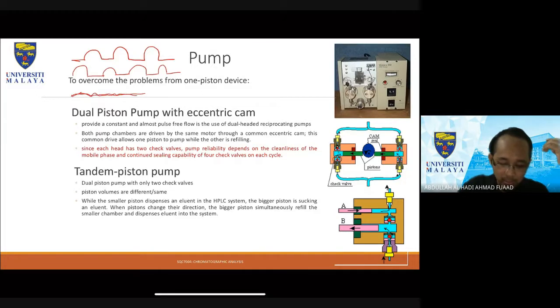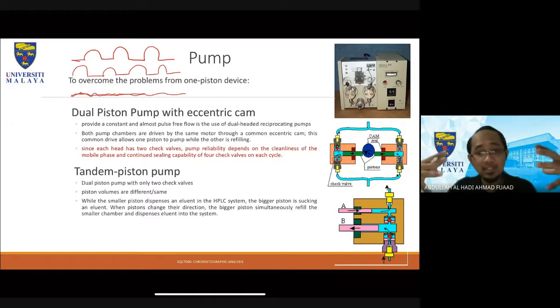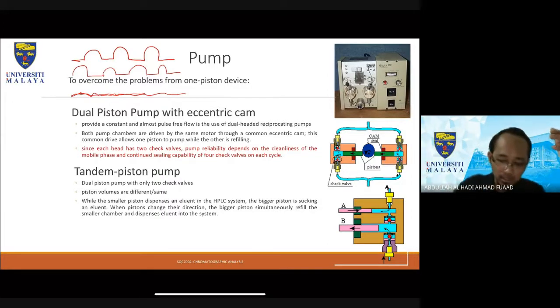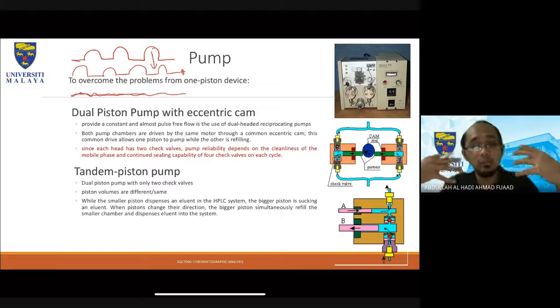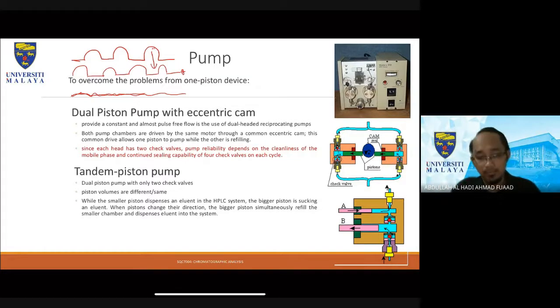Okay, so it's more constant, of course at a higher pressure. It's the combination of this over here and not the ones at the baseline. Okay, but you will have a better, more constant flow throughout your system. So a dual piston pump provides a constant and almost pulse-free flow.